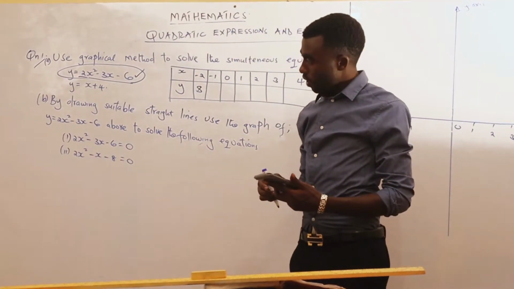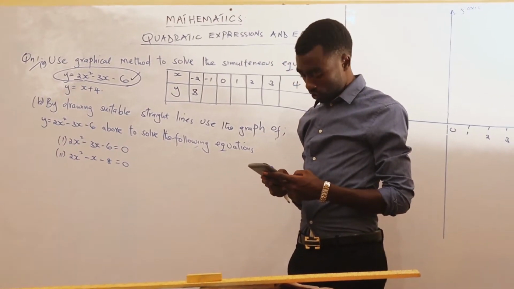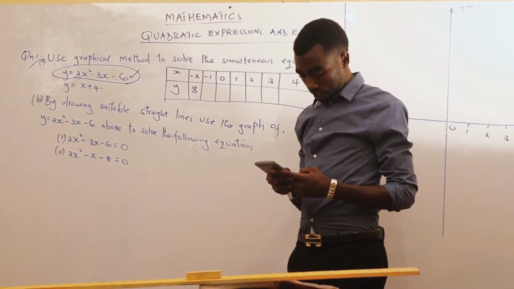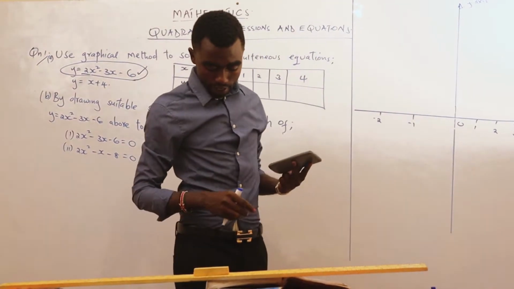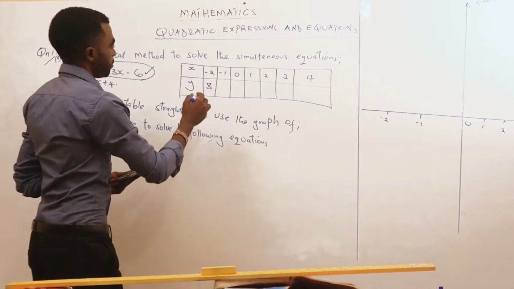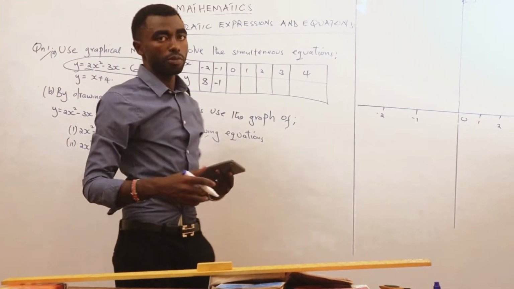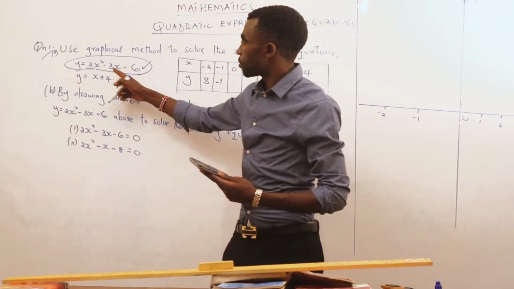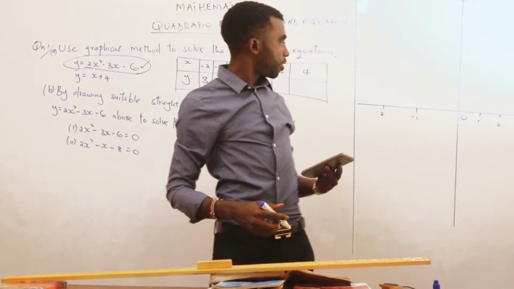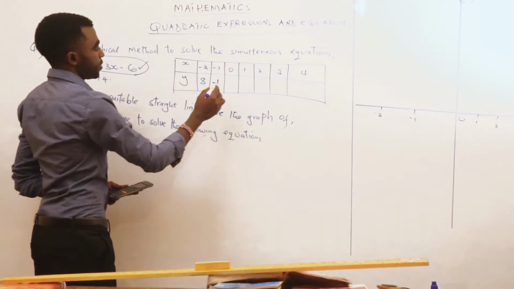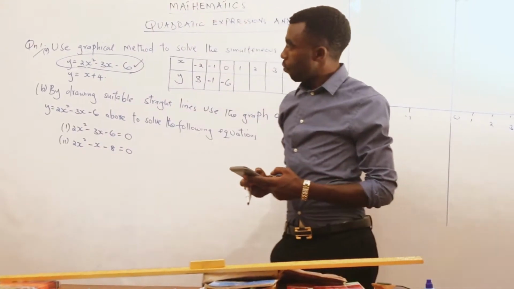When x is negative 1, y is equal to 2x squared minus 3x minus 6, and you're going to get the answer being negative 1. When x is 0, it will mean you are going to work with only this value here, because any number multiplied with 0 is 0, then the value there is going to be negative 6. When x is positive 1, y will be what?